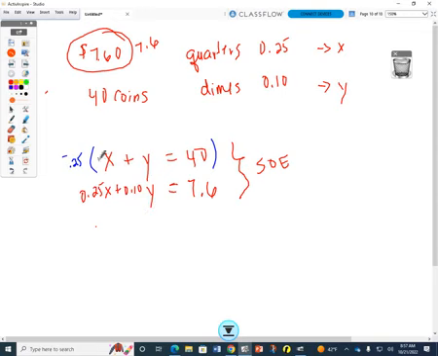So let's go ahead and distribute this and write our new equation. So once you have the new equation written, now we're going to write the second original equation below it.